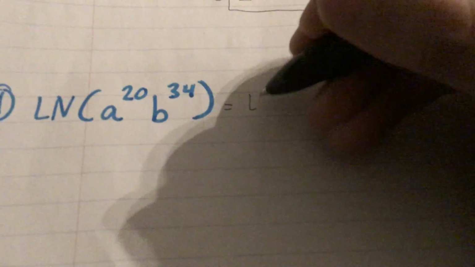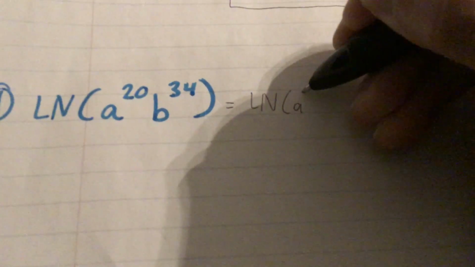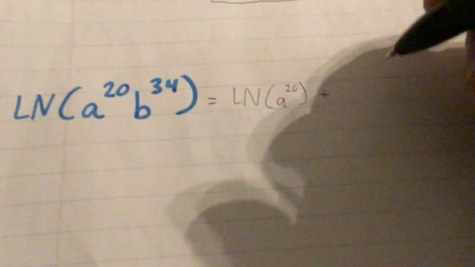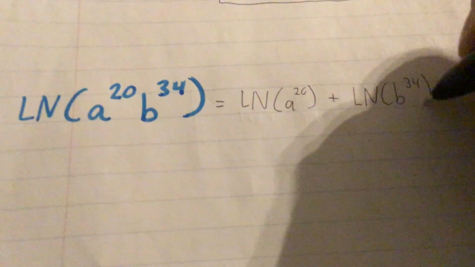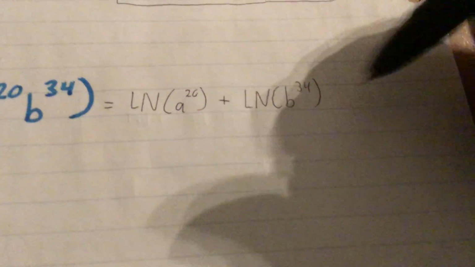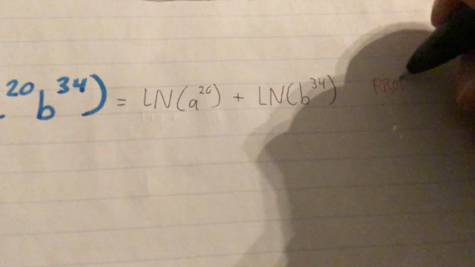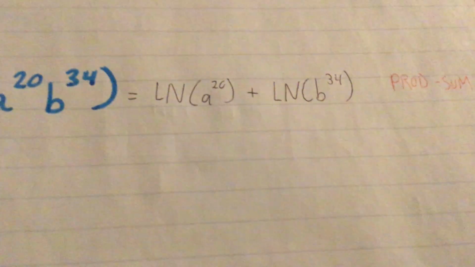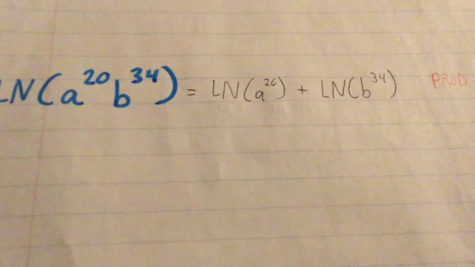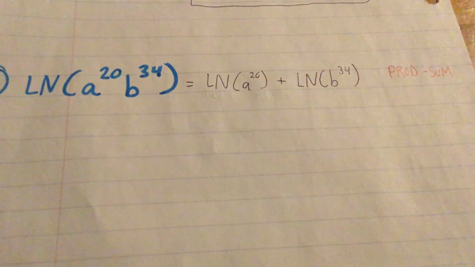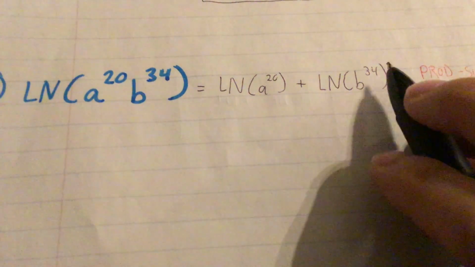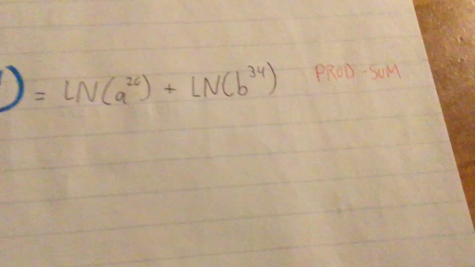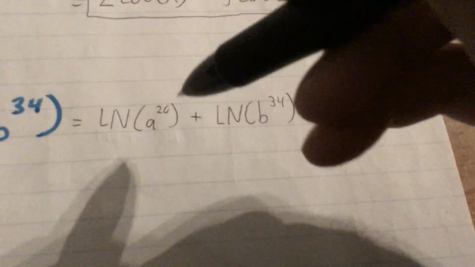So this becomes the natural log of a to the 20th plus the natural log of b to the 34th. And the reason why I'm allowed to do that is because of the product sum rule. Is this fully expanded though? No. ln of a to the 20th and ln of b to the 34th both have exponents in there. So what I can do is bring those exponents out to the front of the logarithms.